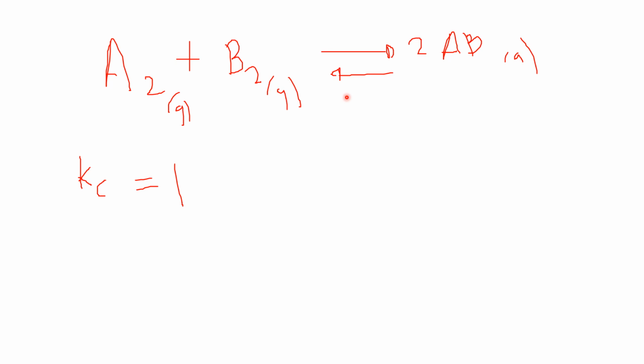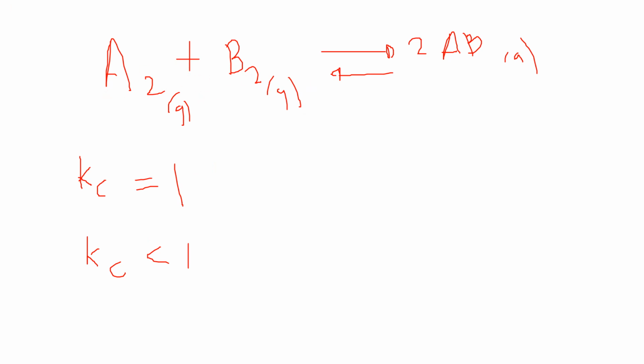But now let's say, for example, we have our Kc being less than 1. That means on our equilibrium state, the concentration of the reactants is more than the concentration of the products. Less than 1 is favoring the left-hand side.